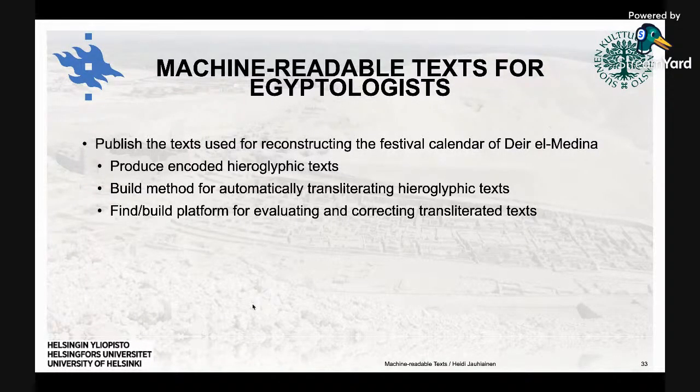I used the texts mentioning feasts, but also texts stating or indicating whether a day was a working day or a free day for the tomb builders. In the dissertation, only the relevant passages were, of course, mentioned. But I want to publish the whole texts as an appendix to a publication of the feasts at Deir el-Medina.